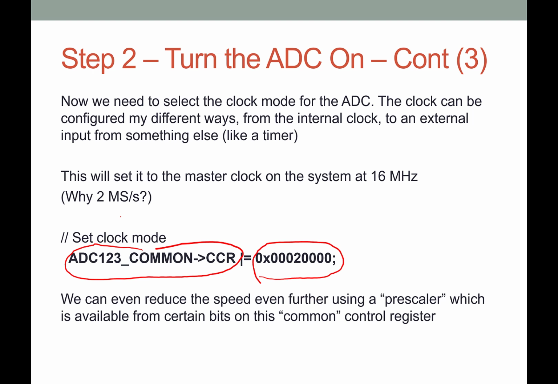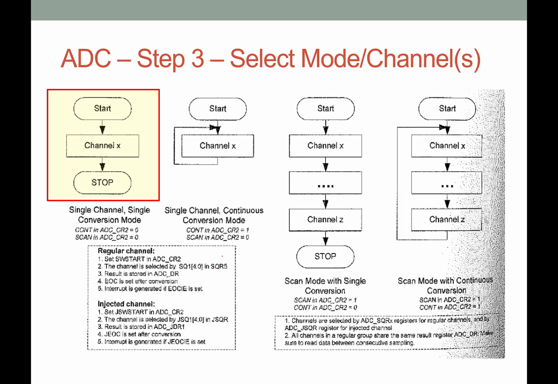But you can pre-scale it to get a lower value for the ADC clock if you want to. And so this common control register is going to allow us to use a prescaler if we want. I think it's 3 bits within that common control register that control this prescaler, because I think it can go from 0 to 7.